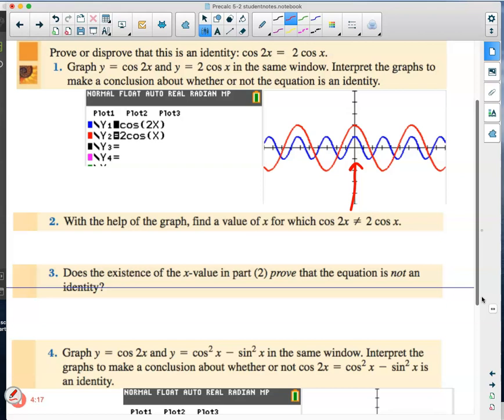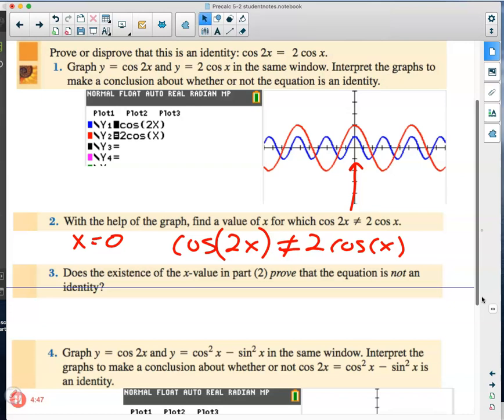So if we put a 0 in, x equals 0 radians, we definitely see that the cosine of the quantity 2x does not equal 2 times the cosine of x. One counterexample was all we needed. There's plenty of them up there, but that's the easiest one. So we can see the y values completely different. And from what we know, like I said, about amplitude, we knew that was going to come.